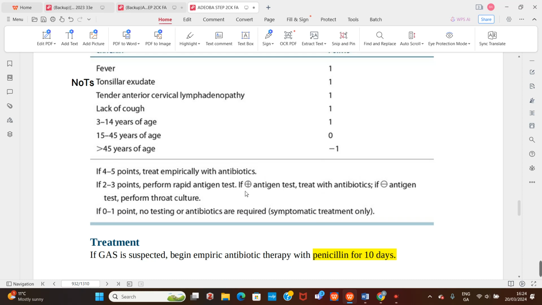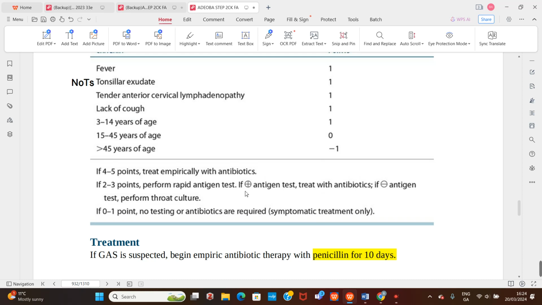After you have collected your throat swab, you subject it to rapid antigen testing. So if the rapid antigen test is positive, you can treat it as if the person got 4 to 5 points by starting your antibiotic. But if it's negative, you still need to proceed and you do your throat culture.